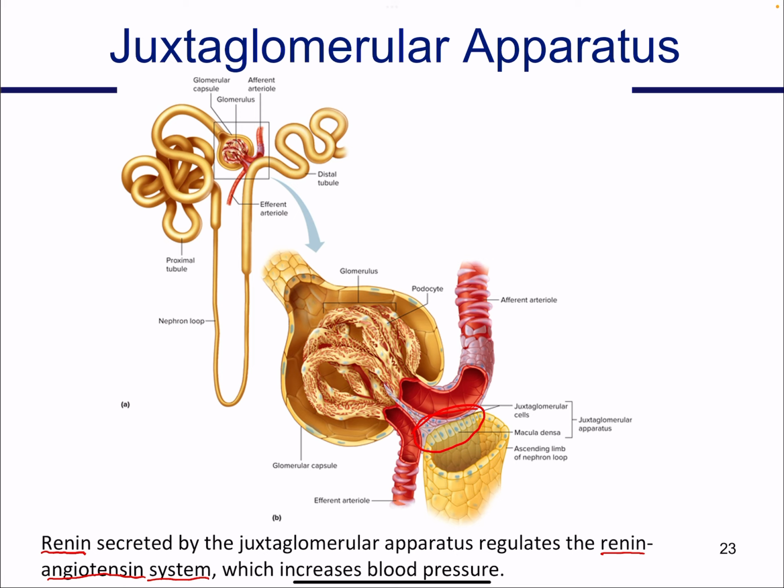Let me repeat that. The renin that is released by the kidney is going to act on the juxtaglomerular apparatus that regulates the renin angiotensin system that controls blood pressure.